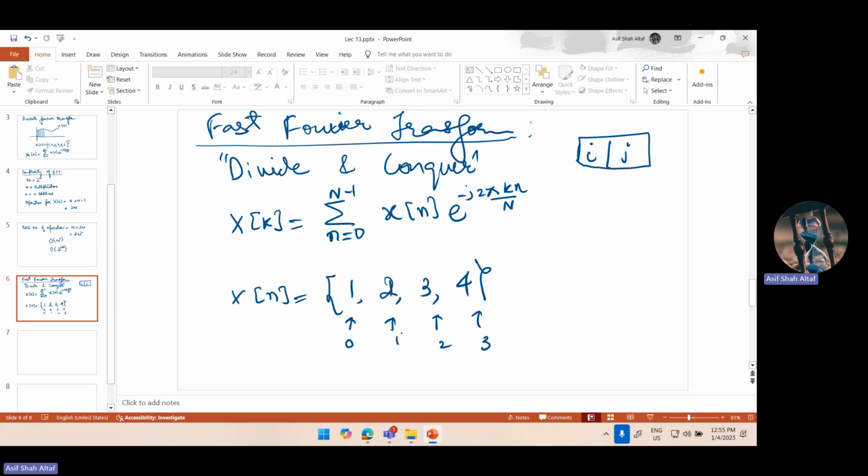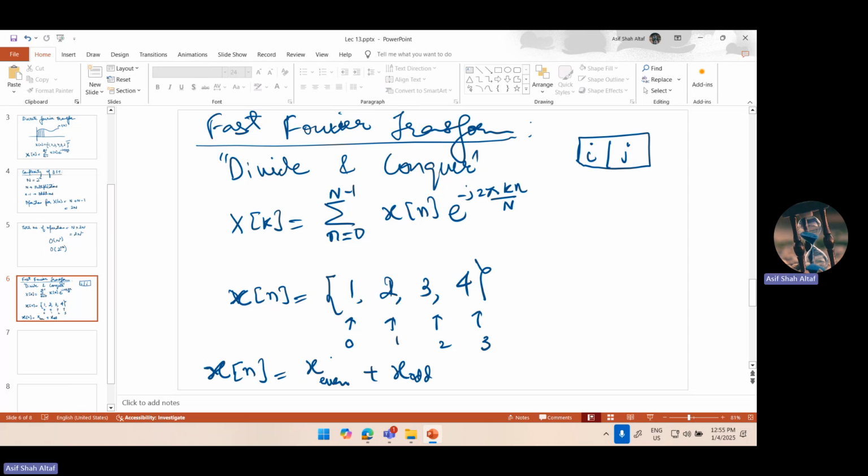So I will separate out the even indexed numbers and I will separate out the odd indexed numbers, which will then give me x of n. I can then write it as x even plus x odd, right? So that's how we split the two.